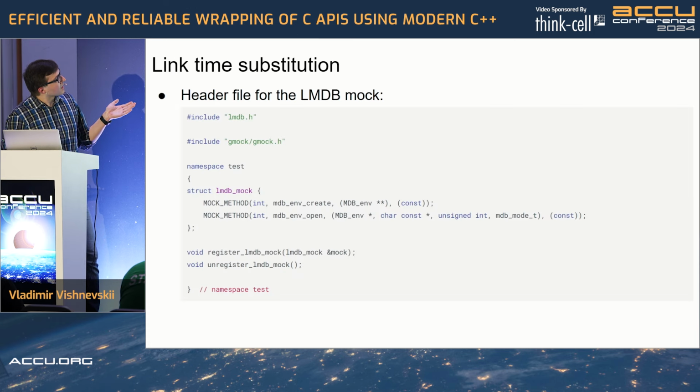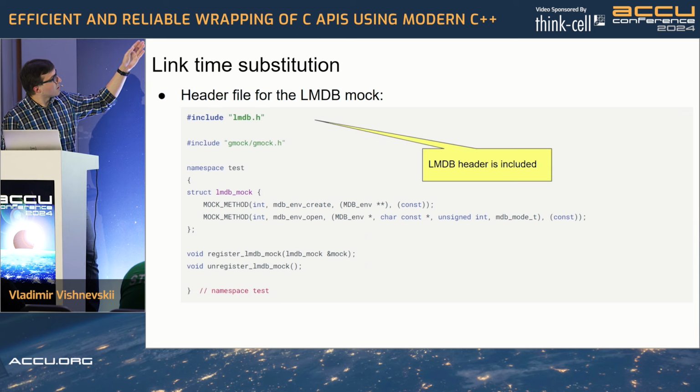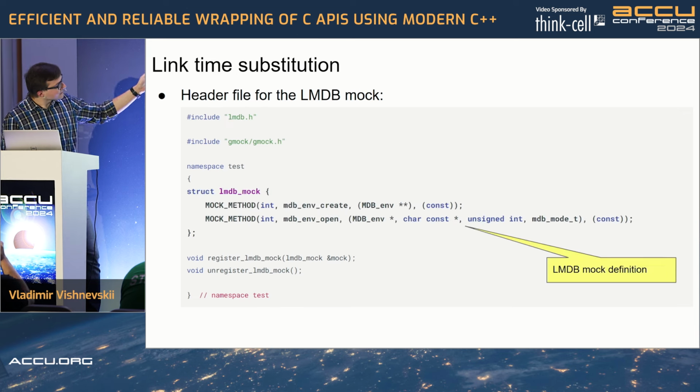So for our LMDB functionality subset, what we will probably need to do is, we have our header included. We then define a mock object that has methods corresponding to the methods of the wrapped API.